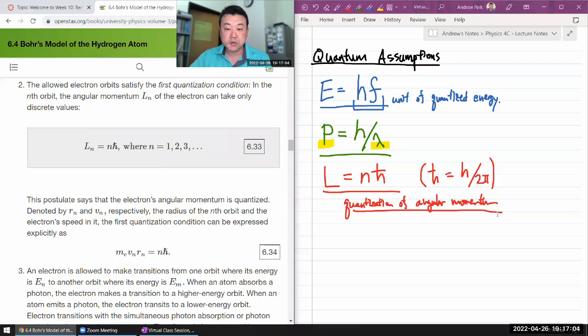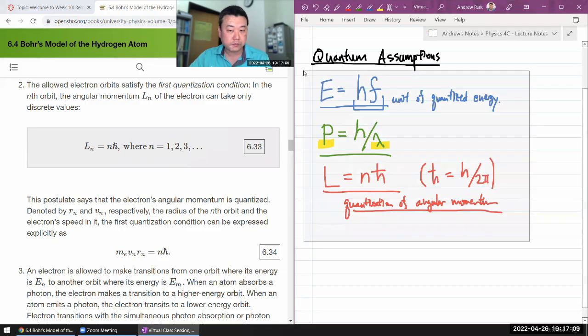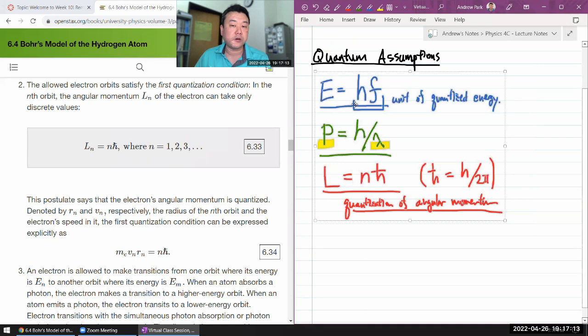But these assumptions are the things that, as it will turn out, we won't have to change as you learn quantum mechanics better. We'll be able to retain these, fold these into our mathematics of quantum mechanics. So watch out for them as we continue our study in quantum mechanics and physics in general.